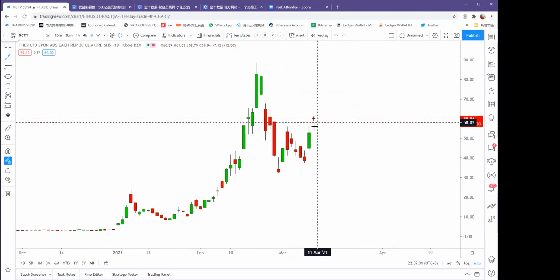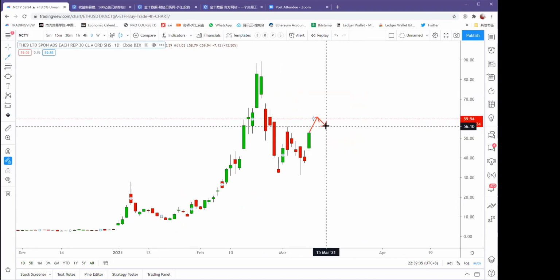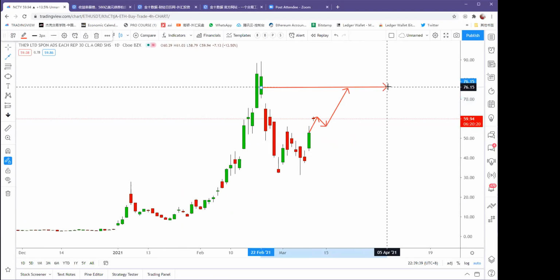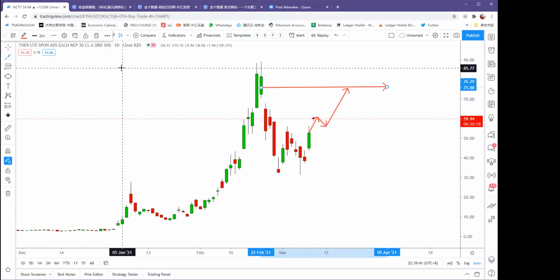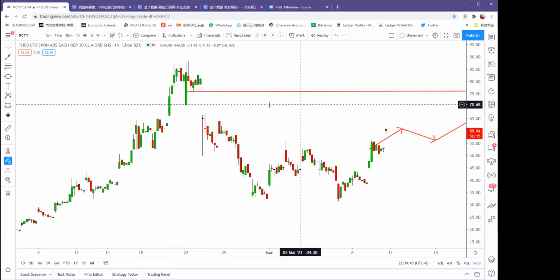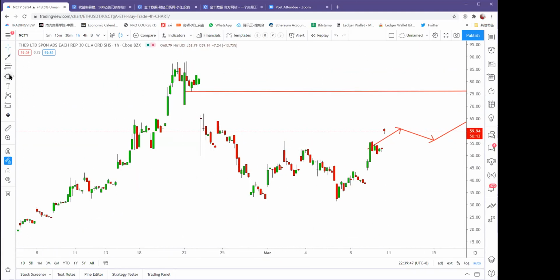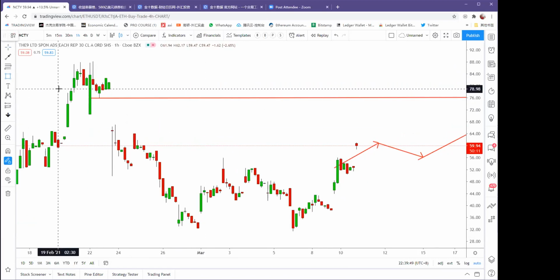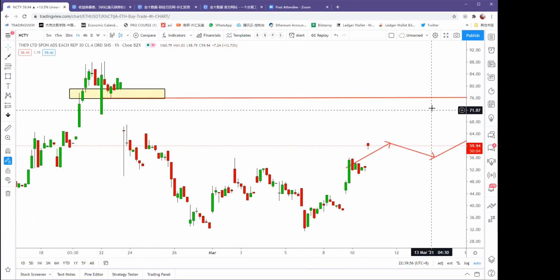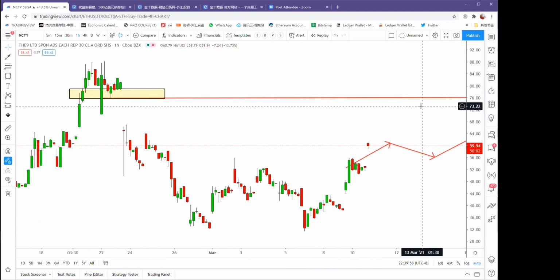It's a gap jump, and it may go back to 75 around here. Let's go to the 1 hour chart. Look what it did. You can use the 76 as a structure to take profit on NCTY.